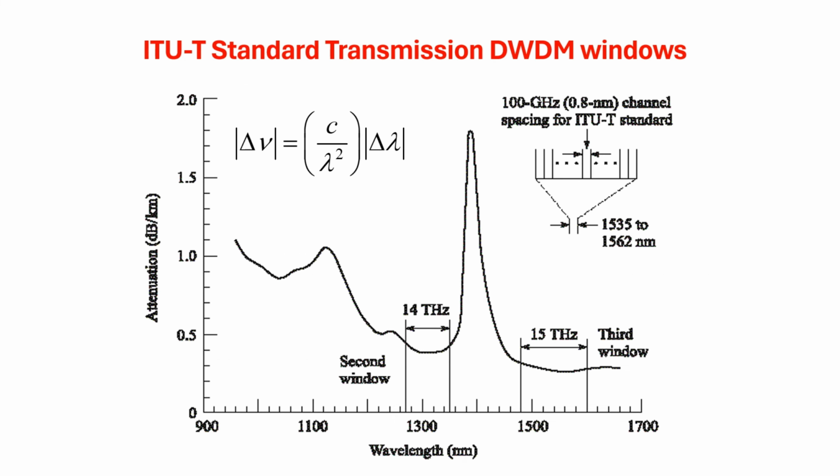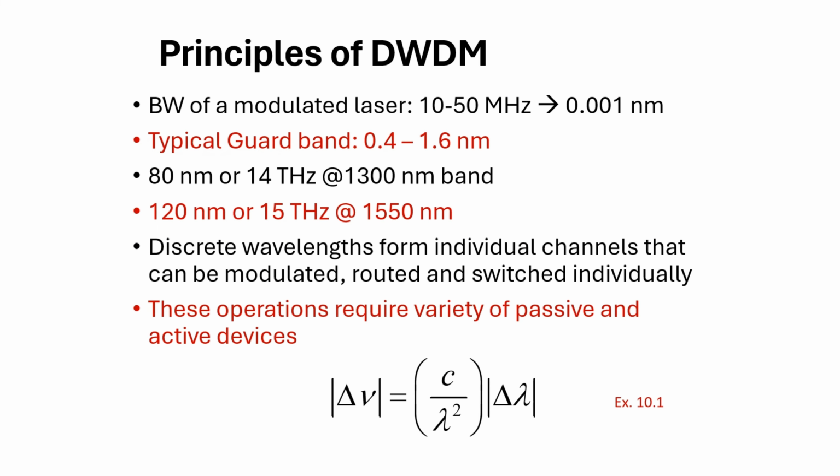Then what are the ITU-T standards or transmission windows for WDM? 1310 and 1550. In 1310, the available bandwidth is 14 terahertz and in 1550 the available bandwidth is 15 terahertz. So we get almost 30 terahertz for transmission and the spacing is 0.8 nm. These are the principles of DWDM.